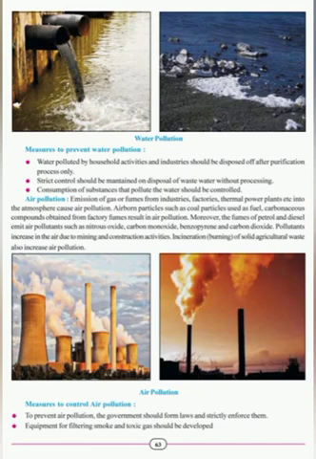Airborne particles such as coal particles used as fuel, carbonaceous compounds obtained from factory fumes result in air pollution. Moreover, the fumes of petrol and diesel emit air pollutants such as nitrous oxide, carbon monoxide, benzopyrene, and carbon dioxide.